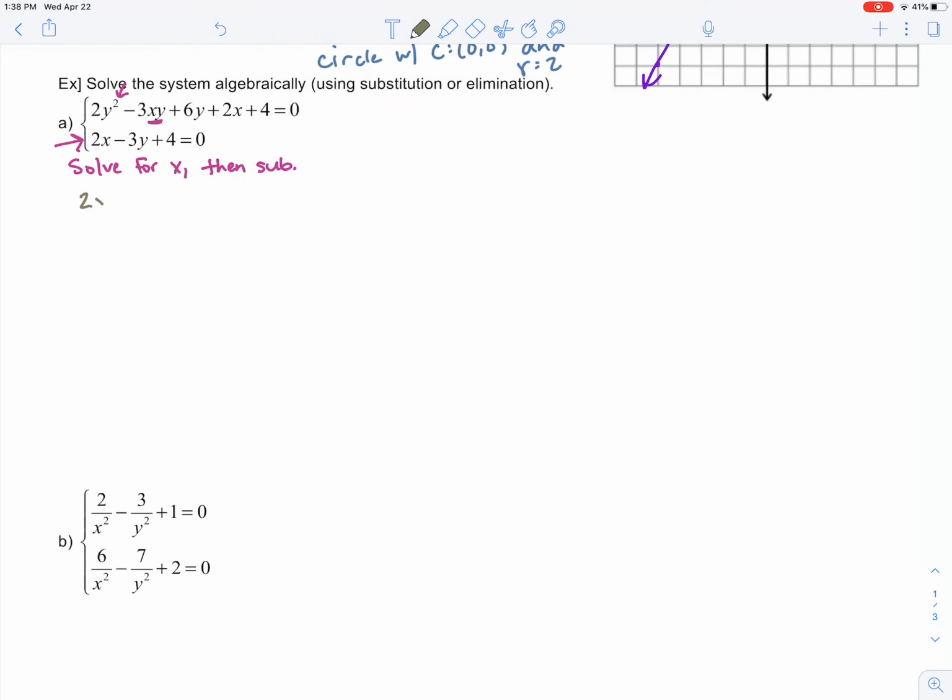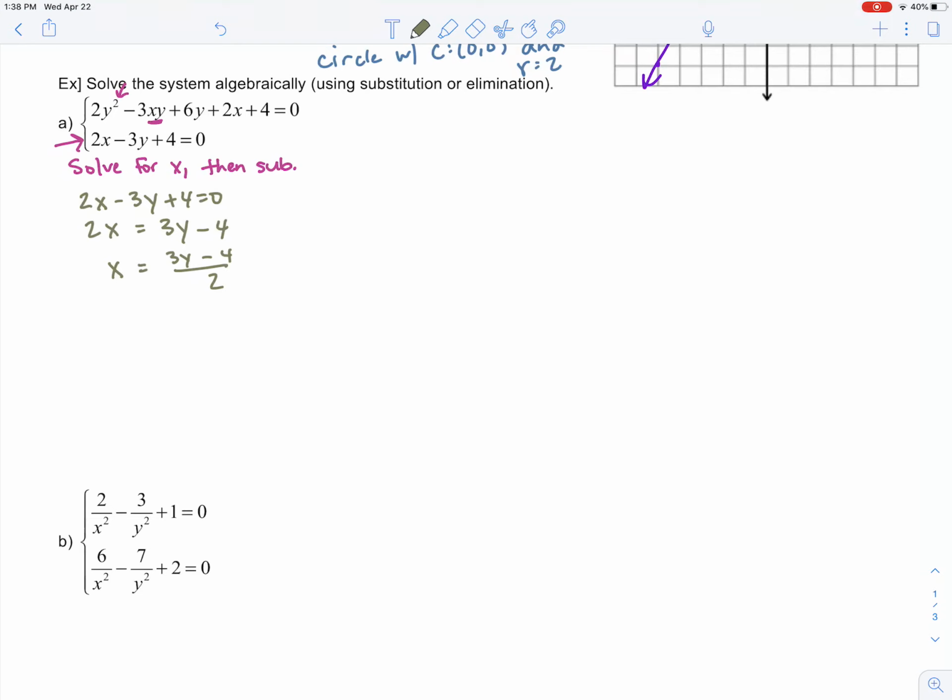Okay, so if I take this equation here on the bottom, 2x minus 3y plus 4 equals 0, I can now solve this for x. So I will add 3y and subtract 4 to the other side, and then divide by 2. Okay, so I've isolated x.